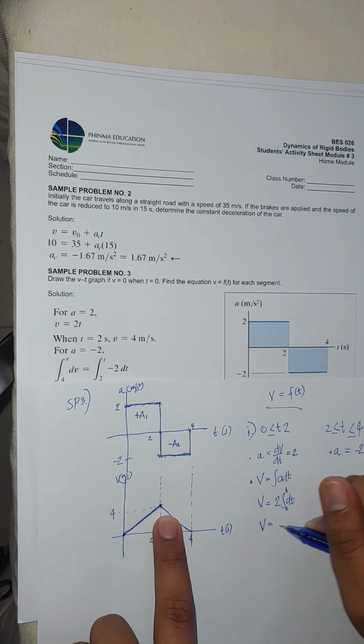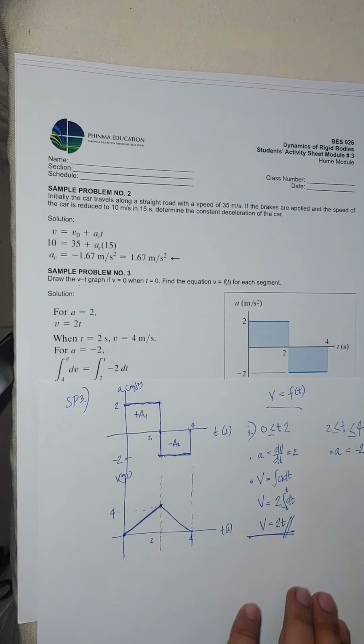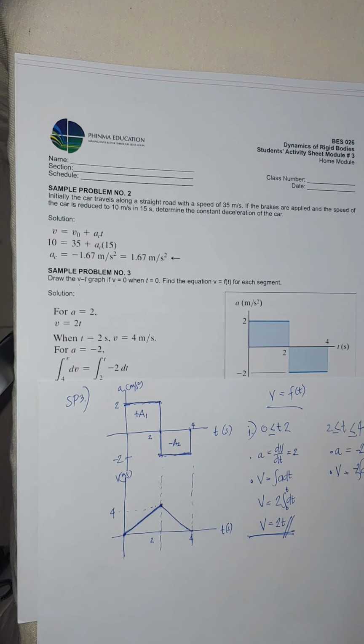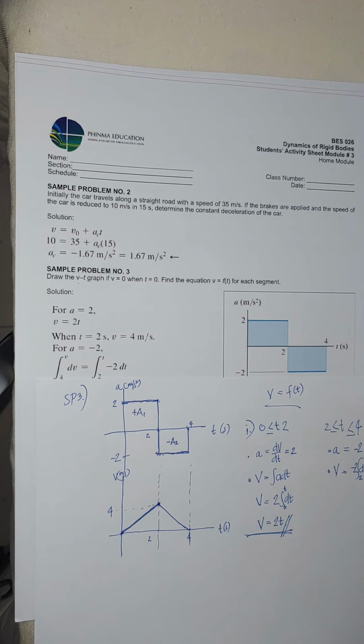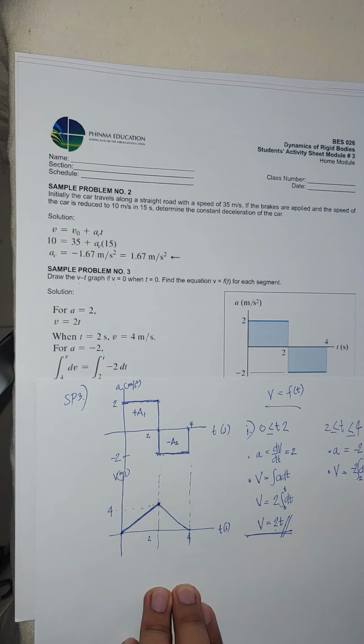So this becomes v is equal to 2t. Yes, 2t. In this one, we have v is equal to negative 2 dt, from 2 to t. But remember, for the first one we can go straight to v since it starts from 0 seconds.